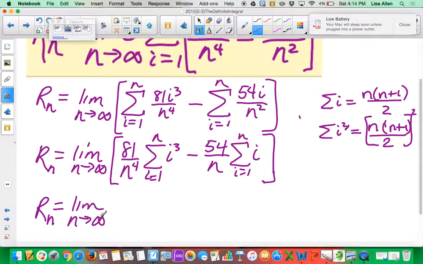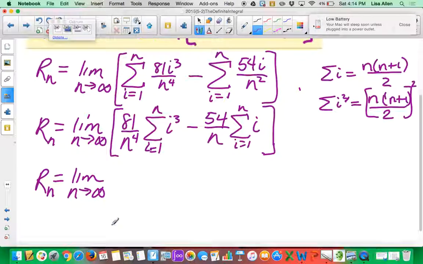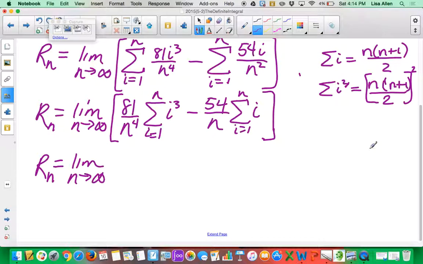So I'm going to now substitute the expressions in for i cubed and i.